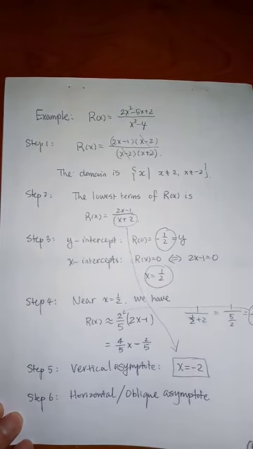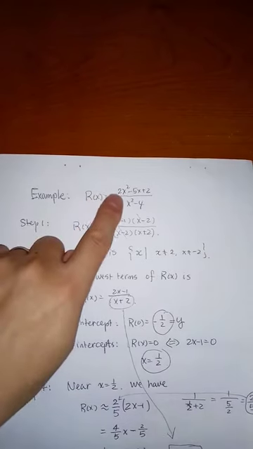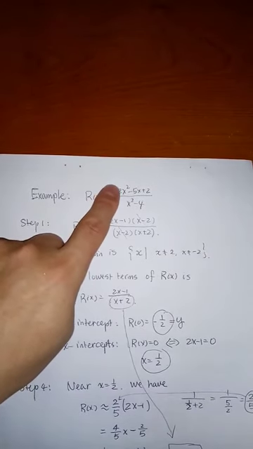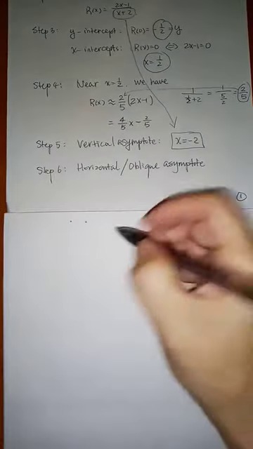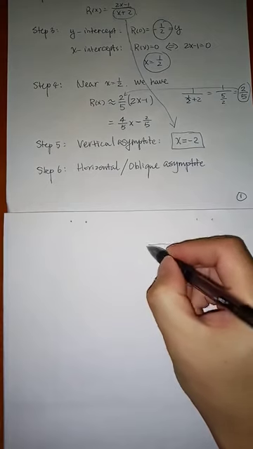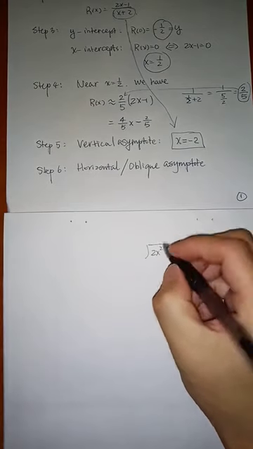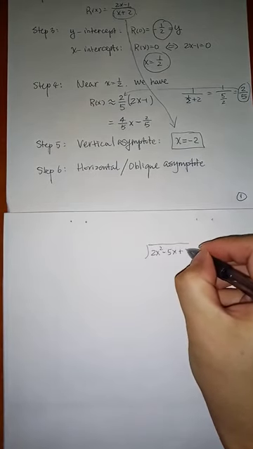Okay, so this function is not a proper rational function. It's improper. A proper one has a smaller numerator degree. Here they share the same degree, so it's improper. Let's try the division. You divide the numerator by the denominator.